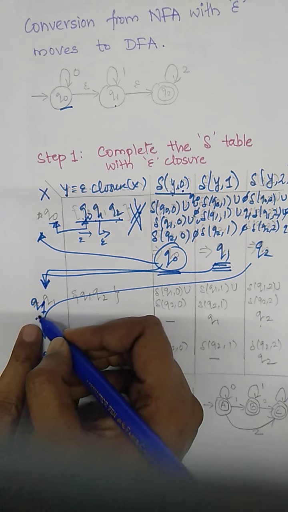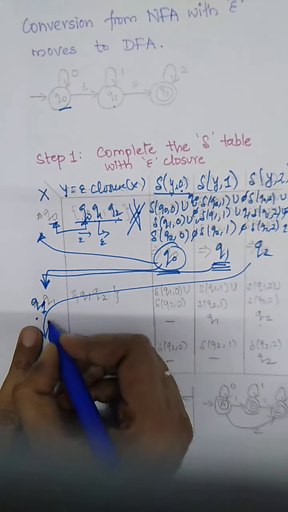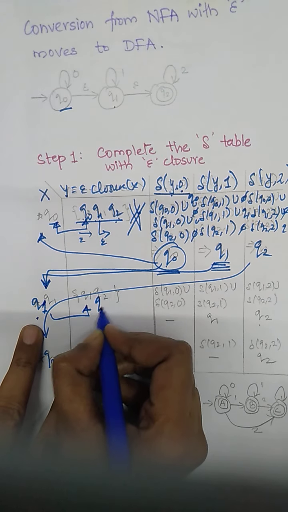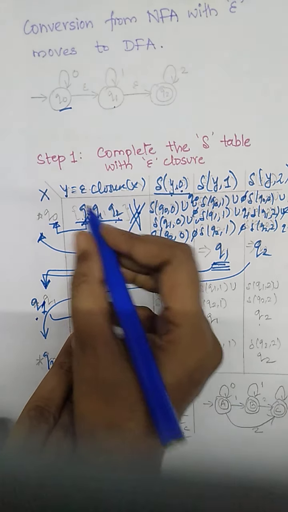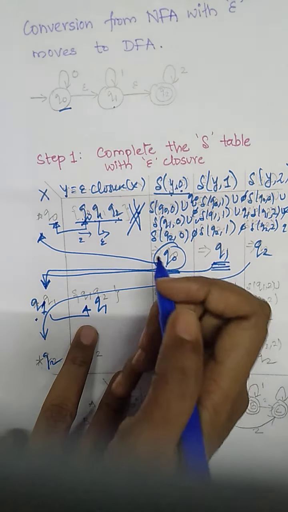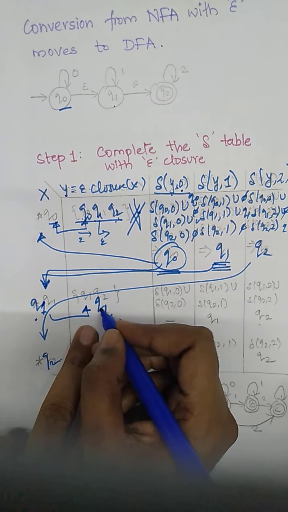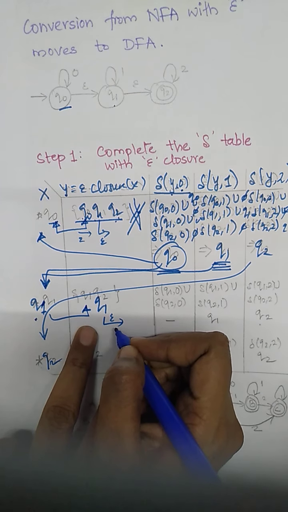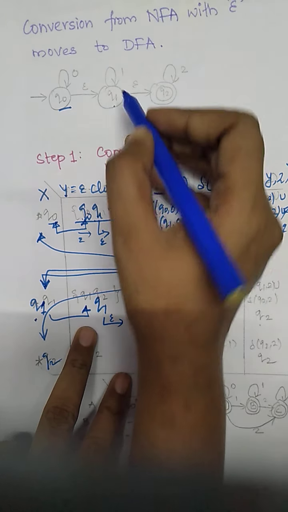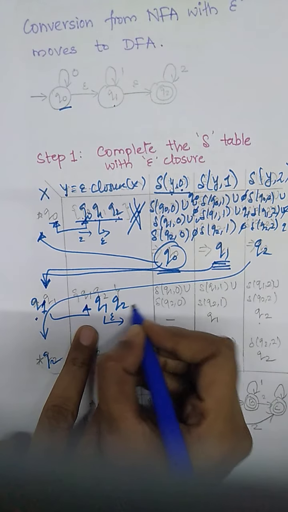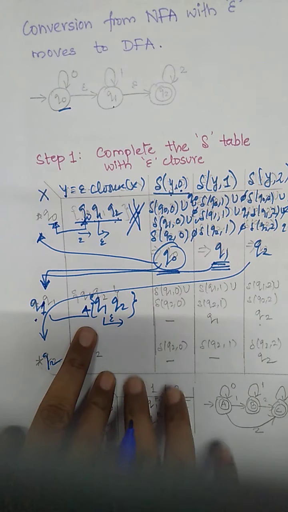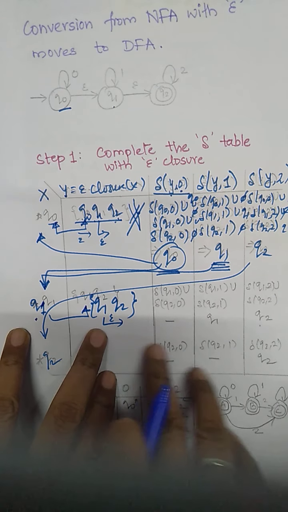So start with Q1. Q1 as a rule will be added in the epsilon closure, because here we are finding the epsilon closure. Now what will be the next step? We have to find from Q1 what are the reachable states with the input symbol epsilon. So Q1 on epsilon goes to Q2. So Q1 and Q2 are the epsilon closure of Q1.